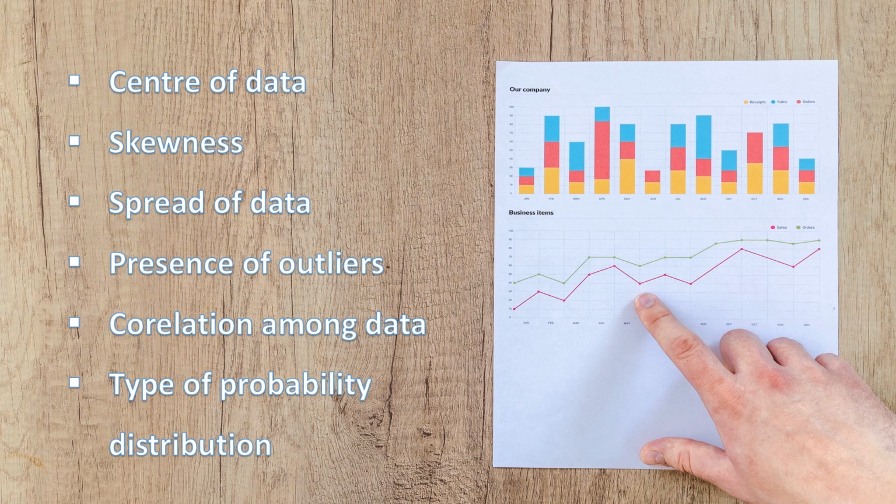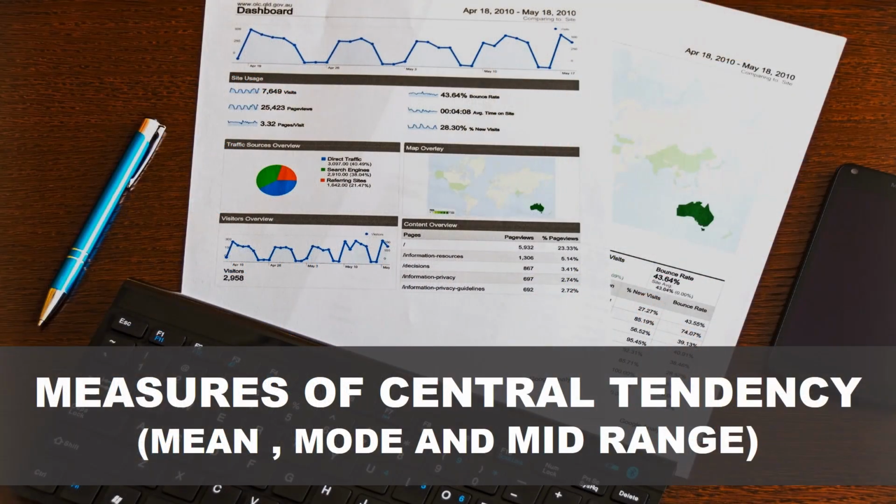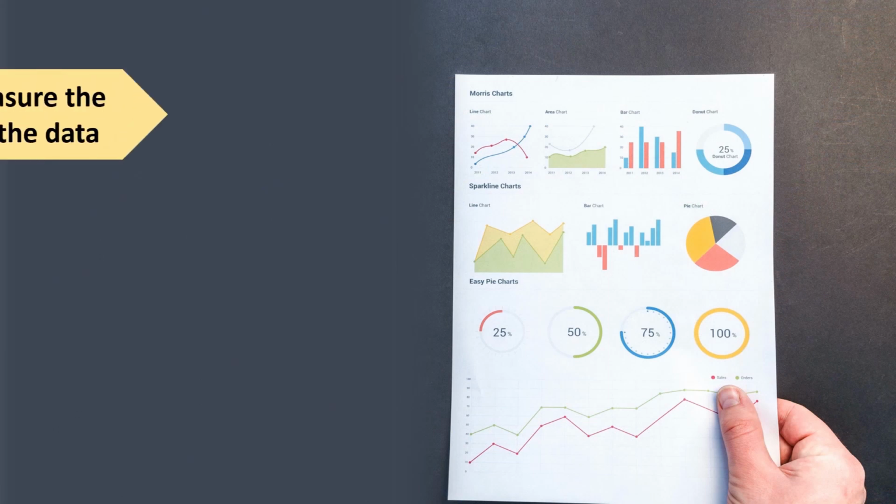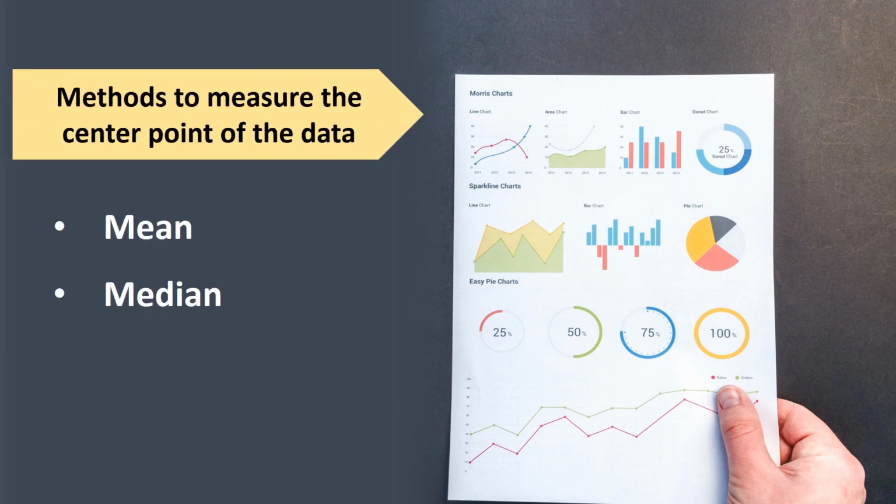Now, let us understand the important measures of central tendency, like mean, median and mode. As I said, there are 3 methods of measuring the central tendency: mean, median and mode.